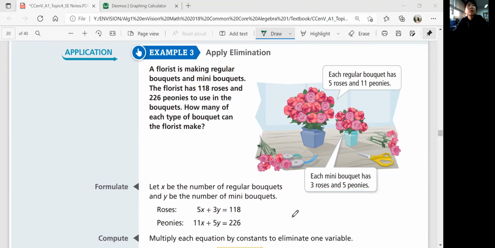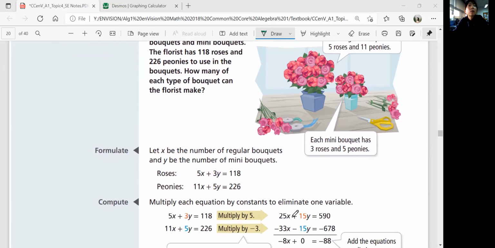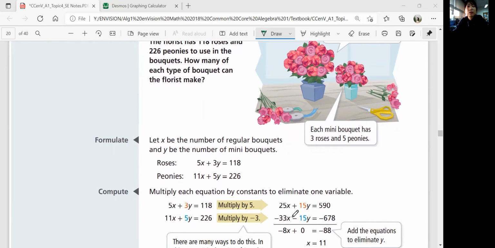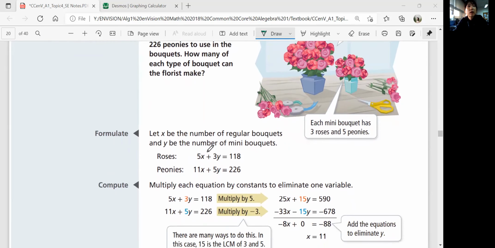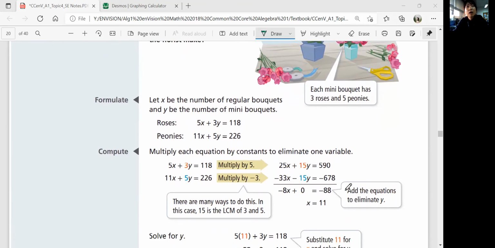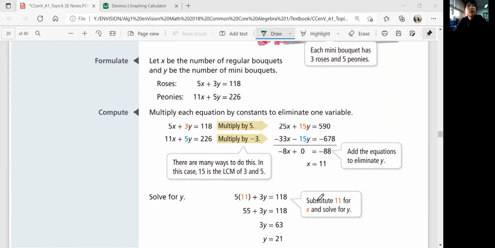Now we have 2 equations, and we're gonna solve this using elimination method. Okay, we're gonna match the y terms into their LCM 15. And then one has to be positive, one has to be negative, so that we can eliminate them when we add them. So we're gonna have x is equal to 11.